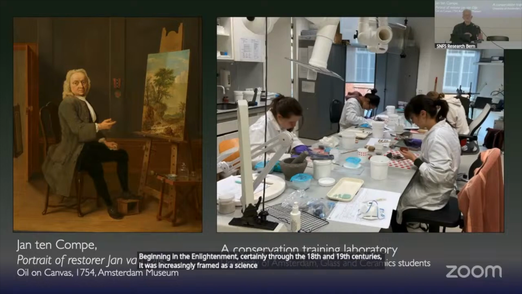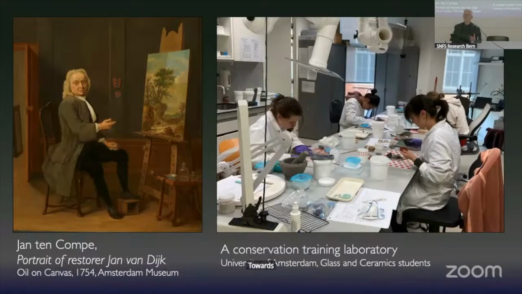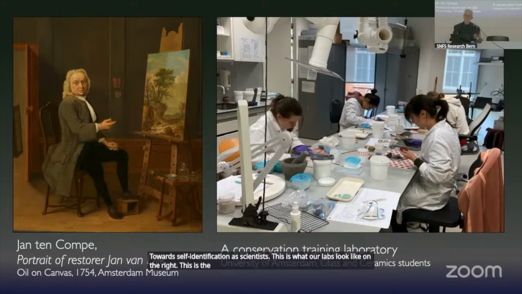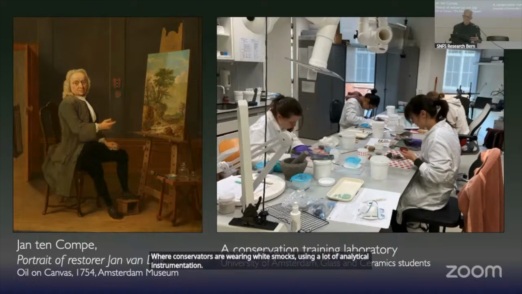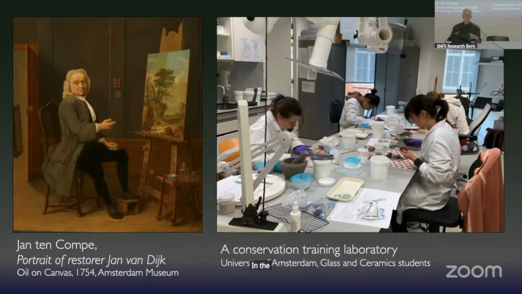So moving from traditional restoration, as you might see here on the left, towards a self-identification as scientists. This is what our labs look like on the right. This is the training lab at the University of Amsterdam, where conservators are wearing white smocks, using a lot of analytical instrumentation in the service of researching and treating cultural heritage objects.